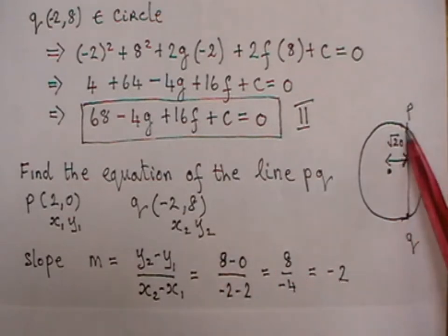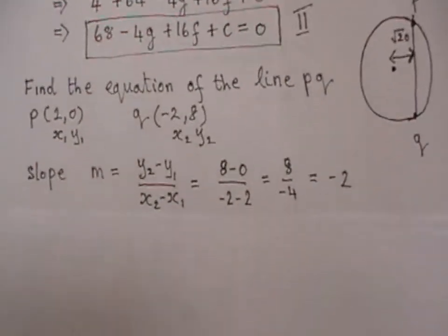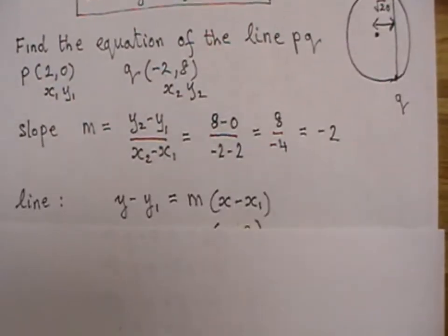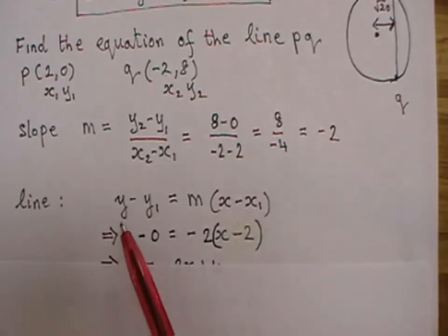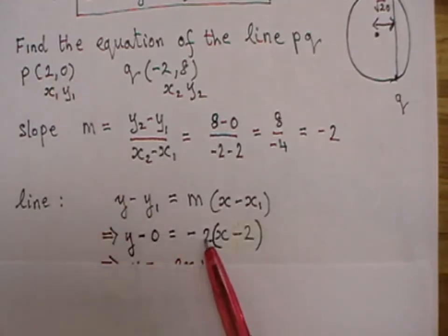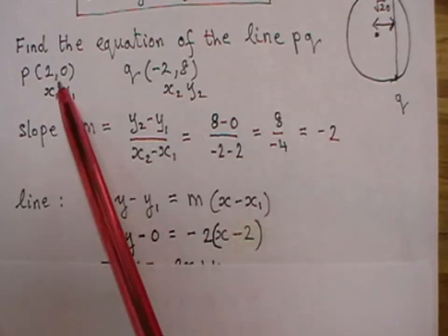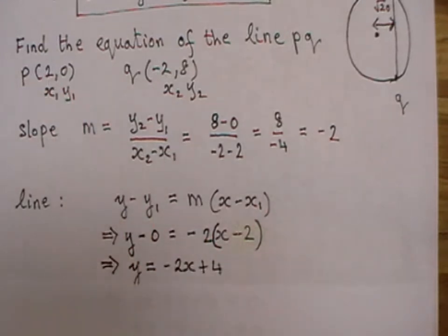So the slope of PQ is -2. And the equation of a line formula, we can use y minus y1 equals m bracket x minus x1. Substituting, we get y minus 0 equals -2 times x minus 2. Simplifying, we get y equals -2x plus 4.